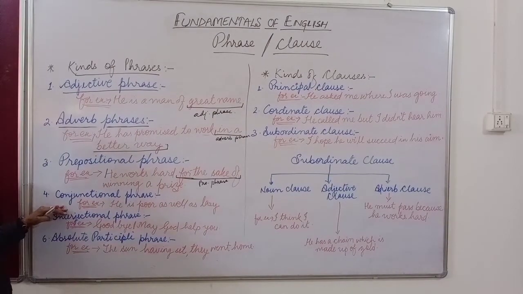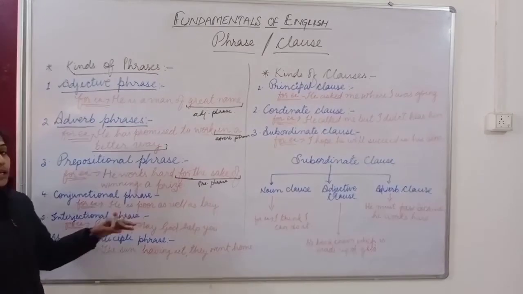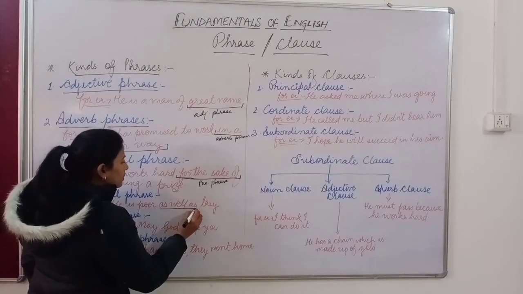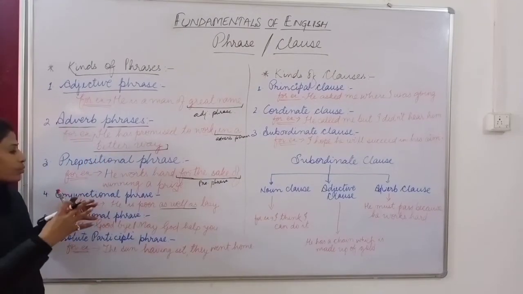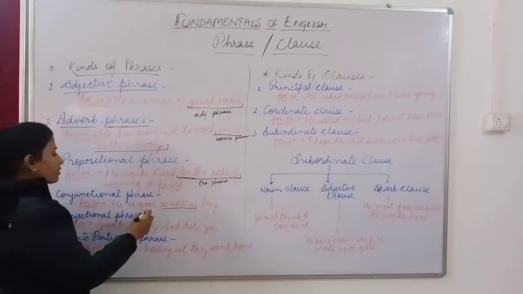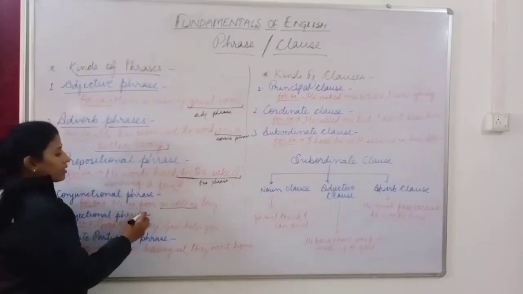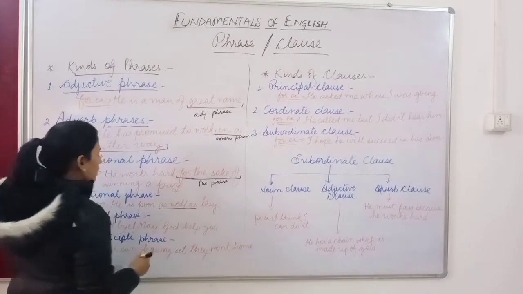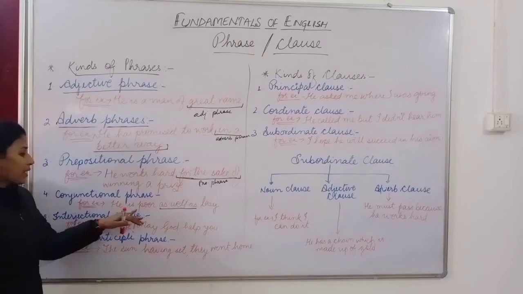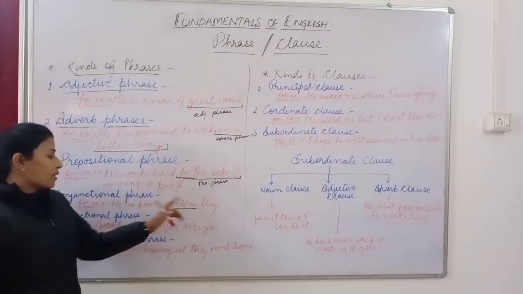Now, conjunction phrase. A conjunction phrase is a phrase in which we use a conjunction to add two meaningful and equally important clauses. So here, for example, he is poor as well as lazy. Here we are getting the sense that he is poor as well as lazy.